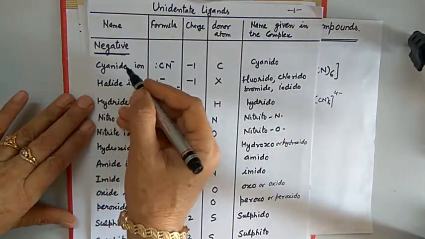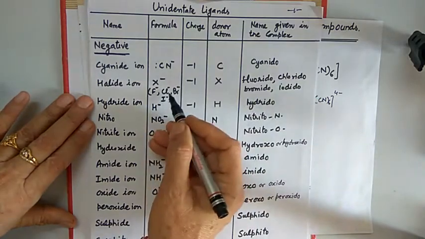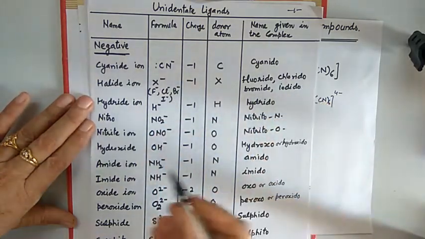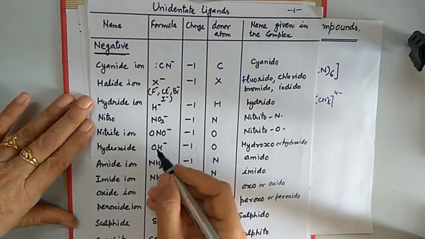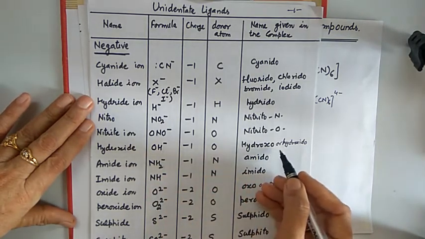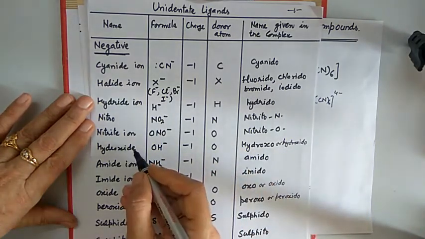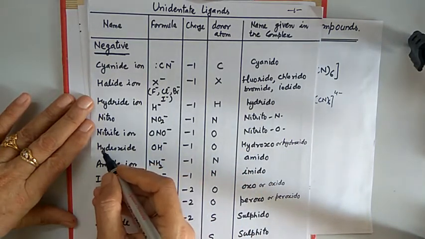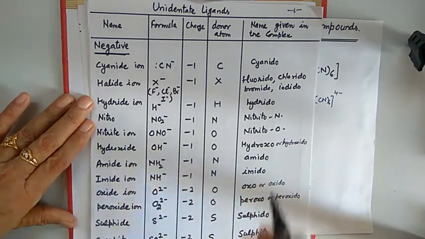For example, cyanide, we will write it as cyanido. Chloride, we will write chlorido. This is hydroxide. Earlier we used to call it hydroxo, but latest convention is we write it as hydroxido. E is replaced by O, so it becomes hydroxido. Amide, we write as amido.